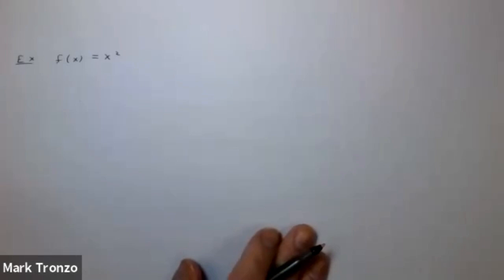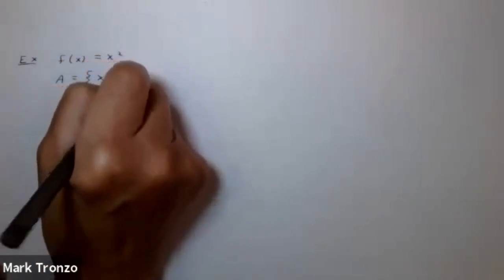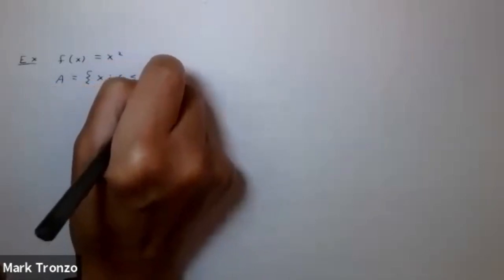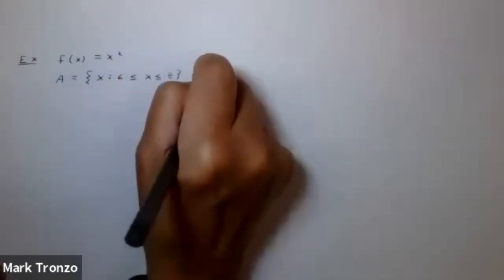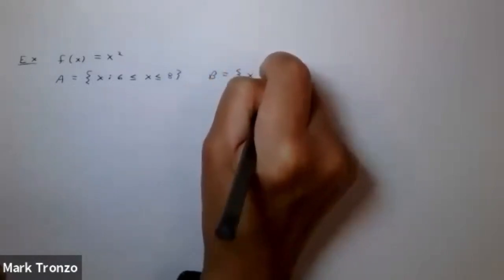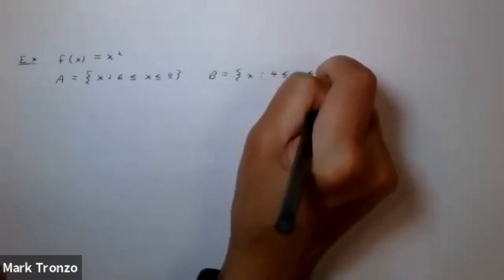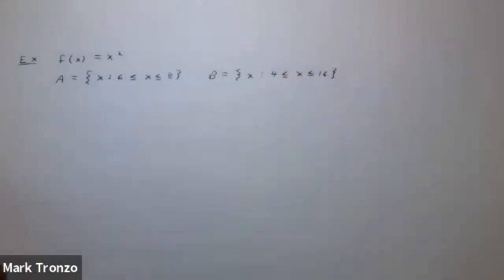So now, if we do this, let's say you have these two sets: A is the set of x such that x goes from 6 to 8, and B is the set of x such that it goes from this.